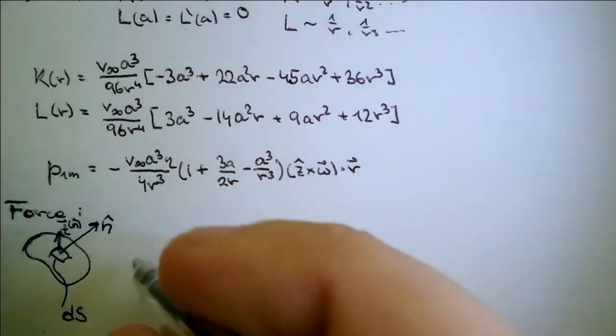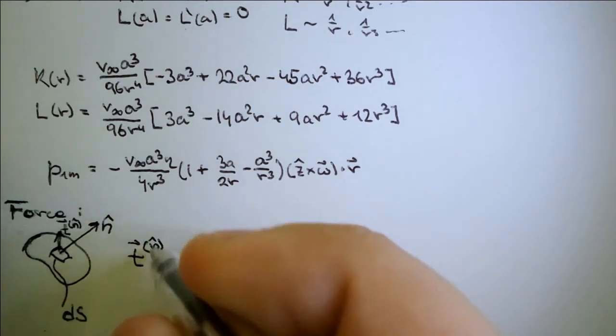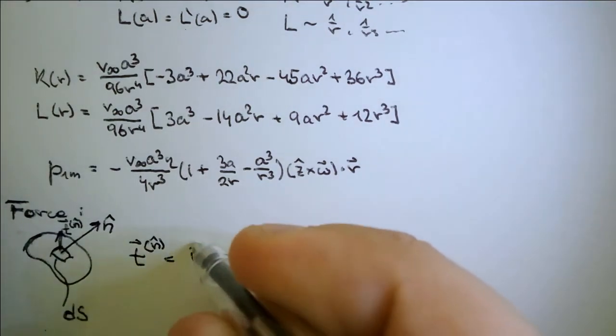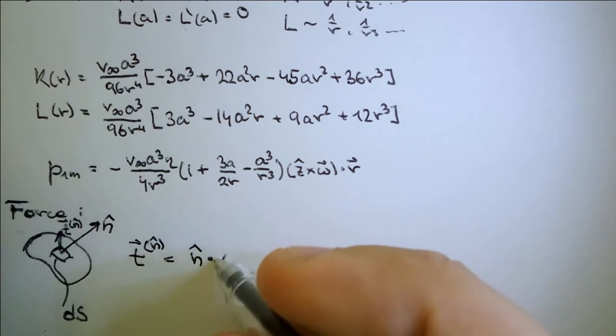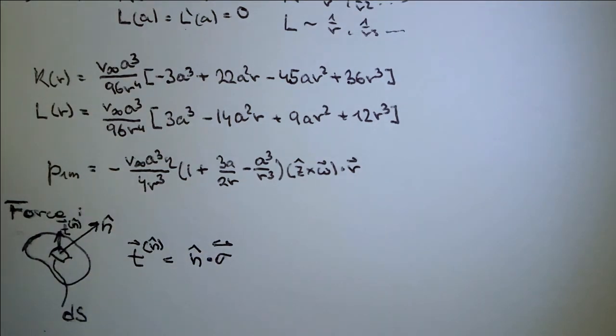From the definition of the stress tensor, this force associated with the normal vector is defined as a dot product between the stress tensor and the unit normal.